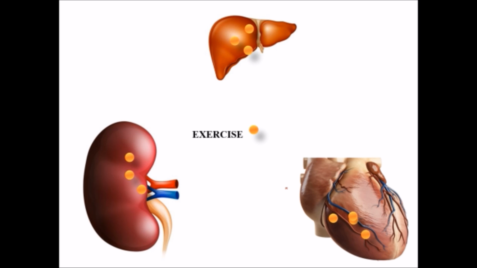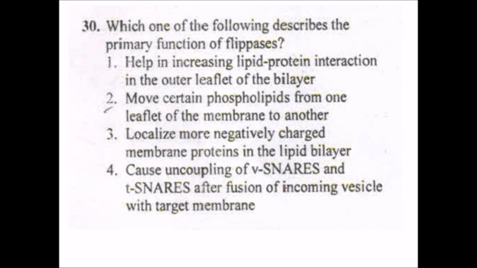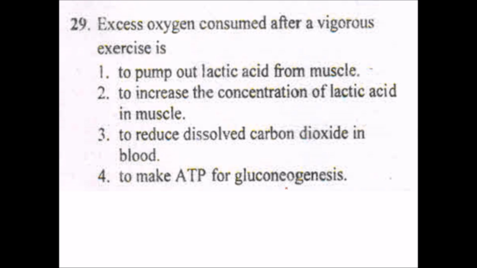I have discussed some points regarding the post-exercise requirement of oxygen. Now I think you can answer the question yourself. The question was about the oxygen consumed after a vigorous exercise.